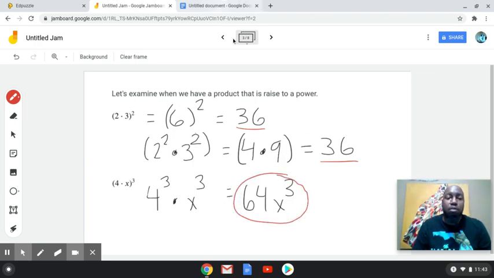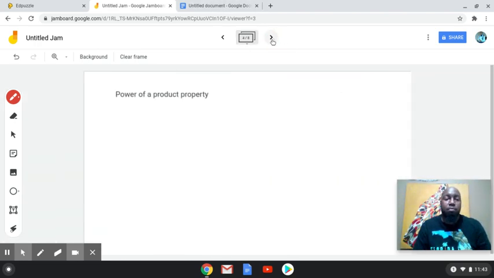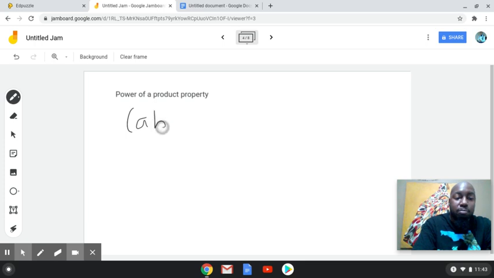And what do we call this property? We call this property the power of a product property. So when you have two numbers that are being multiplied to each other, let's say you had a times b, and a times b was raised to the n.